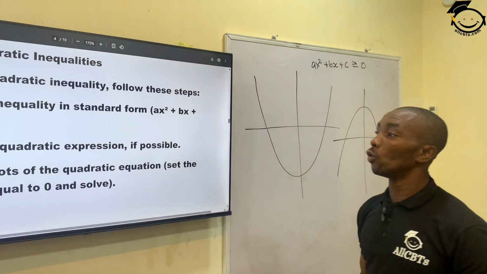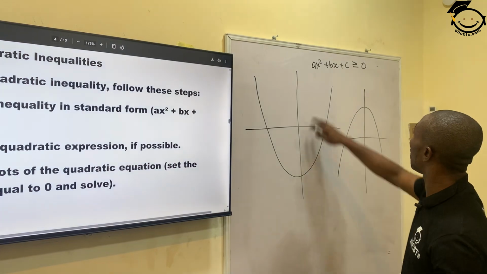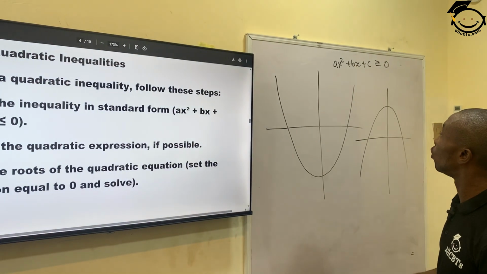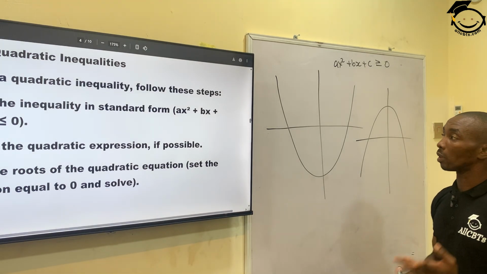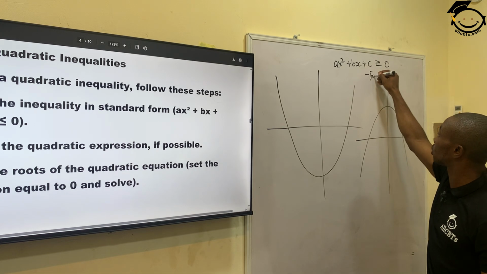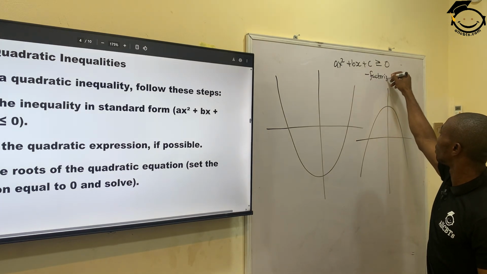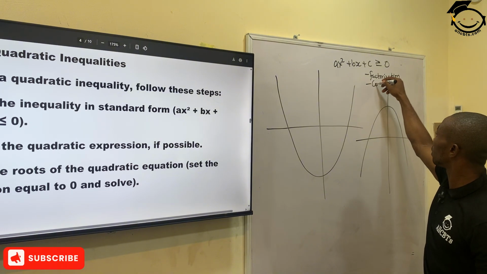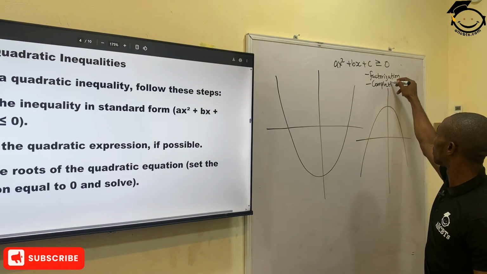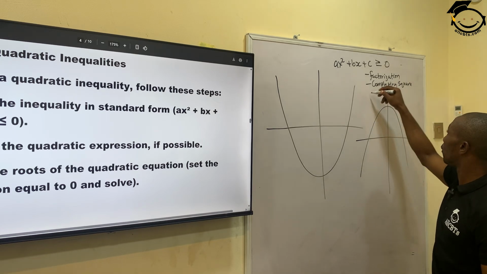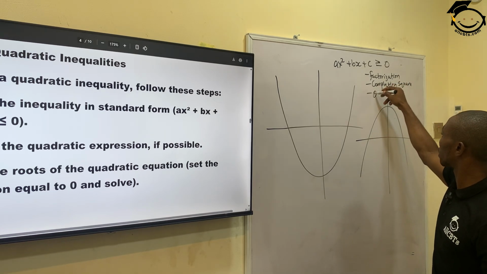Now you factor out your quadratic expression if possible. We have about 3 ways majorly of factoring: we have the factorization method, we have the completing the square method, and we have the quadratic formula.